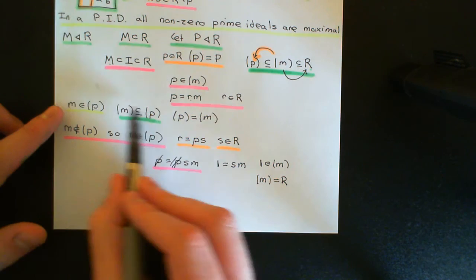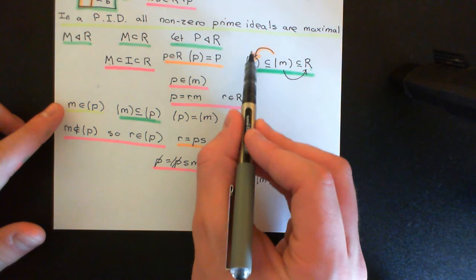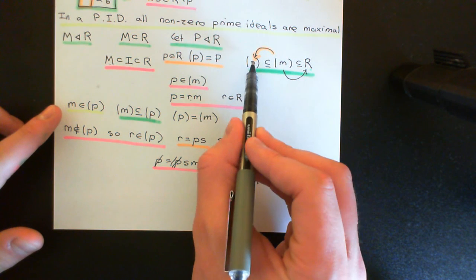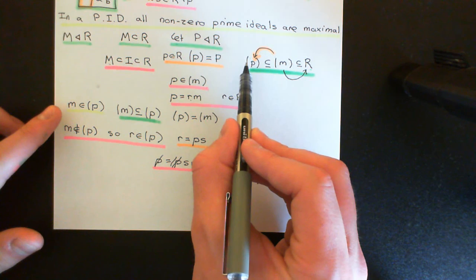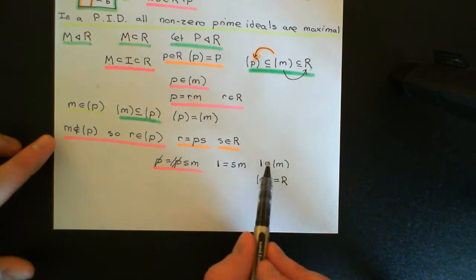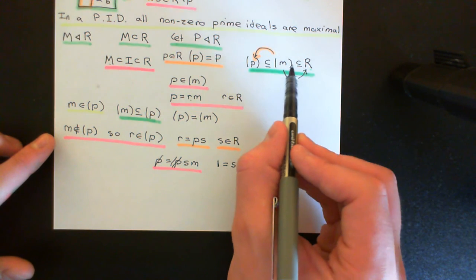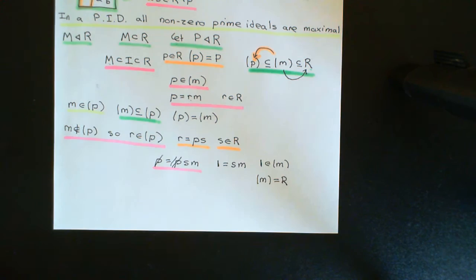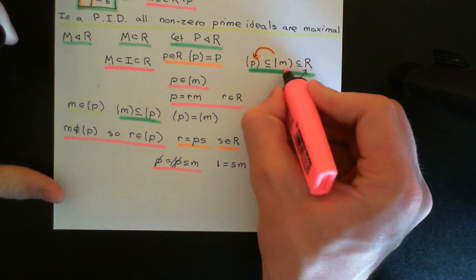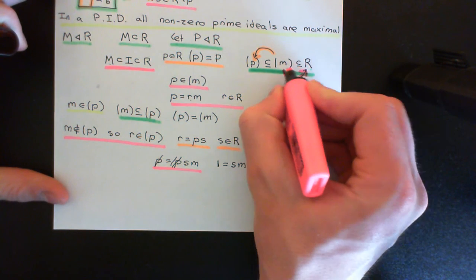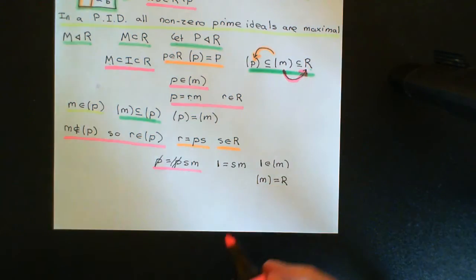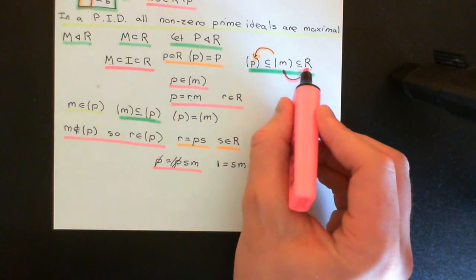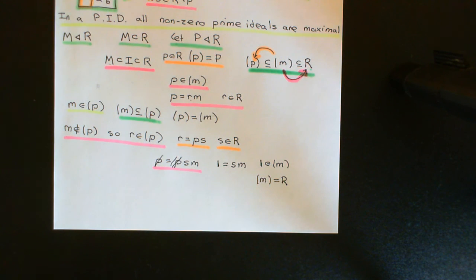So either you can take this way round, in which case you conclude that the principal ideal generated by M is the same as the principal ideal generated by P, or you can take this way round and then you conclude that the principal ideal generated by M is the entire ring. So I have now proven that if you have an ideal in a principal ideal domain that is in between a prime ideal and the entire ring, then it cannot be properly in between the two.